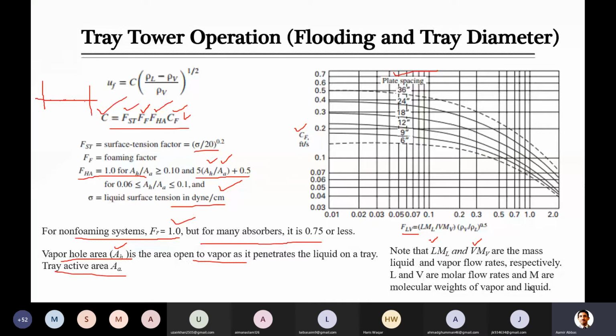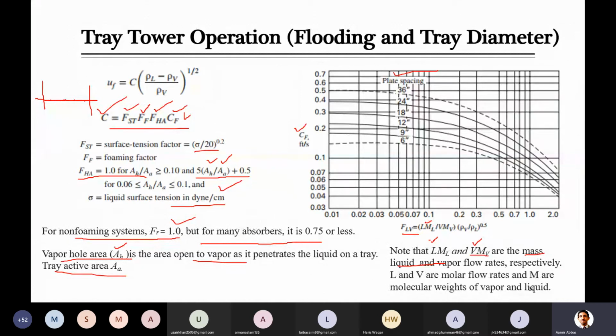If you multiply the molar flow rate by the molecular weight, you get the simple mass flow rate of the liquid, and likewise for the vapor. So this is the liquid flow rate over the vapor flow rate multiplied by the ratio of their densities, and that is combined and named FLV, the factor relating liquid and vapor flow rates. That we can calculate whenever we are designing.